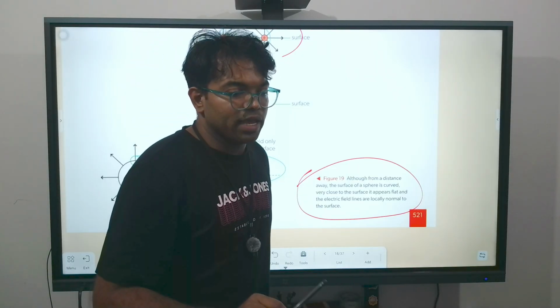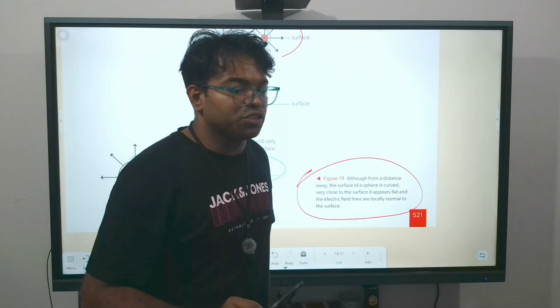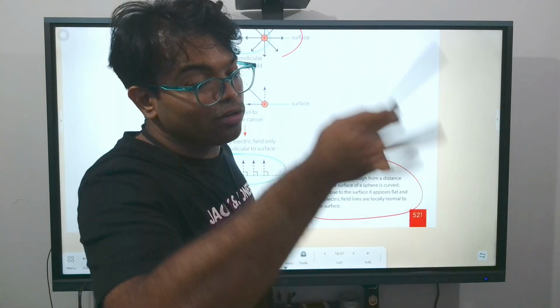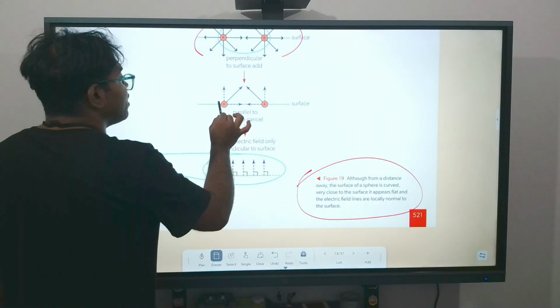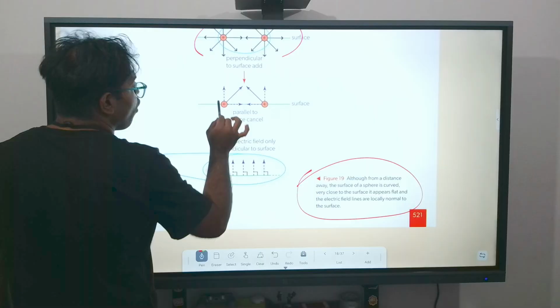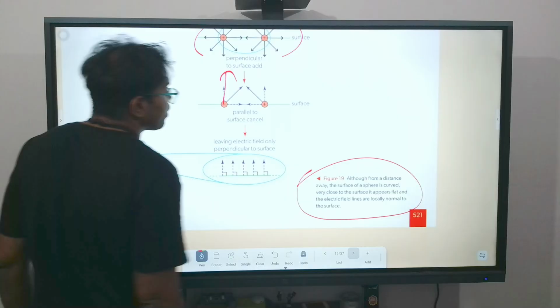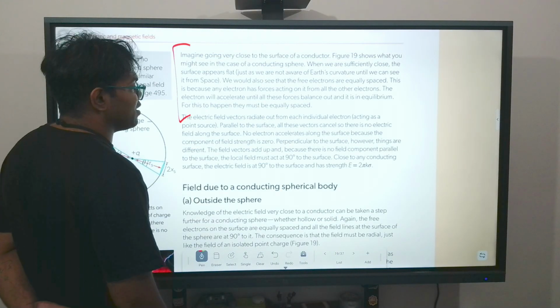Actually, they produce a field in a certain direction, but we have resolved that electric field into the horizontal and the vertical component. So the vertical component remains, and the horizontal component cancels out.